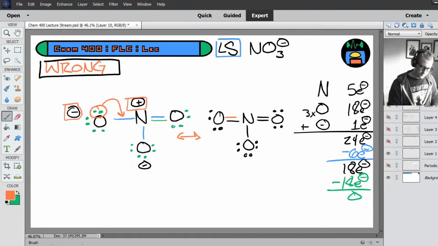And if you calculate formal charges for this structure, you'll only have one, so you think, oh, I've minimized formal charges. This is better. But this is wrong.